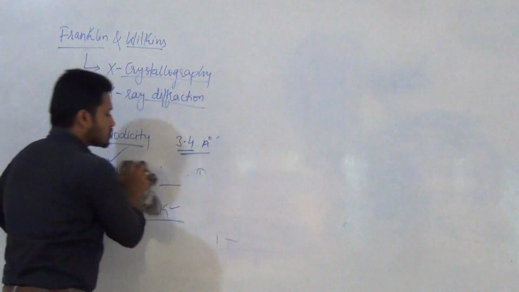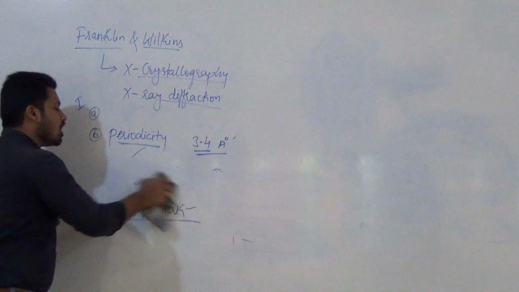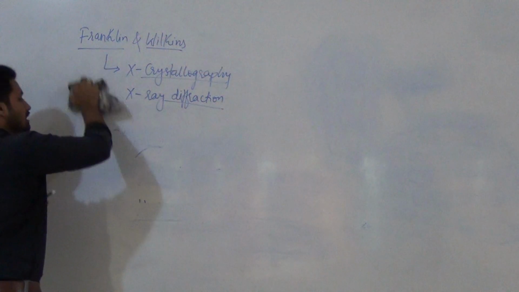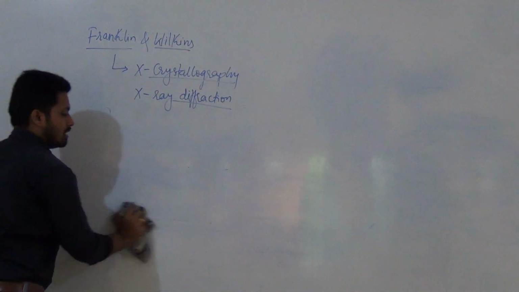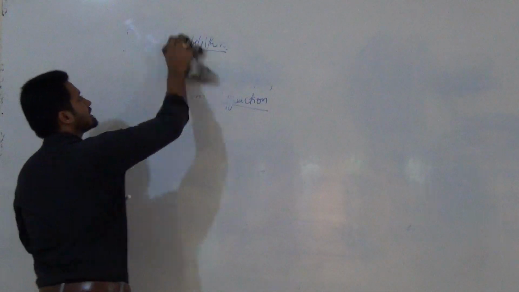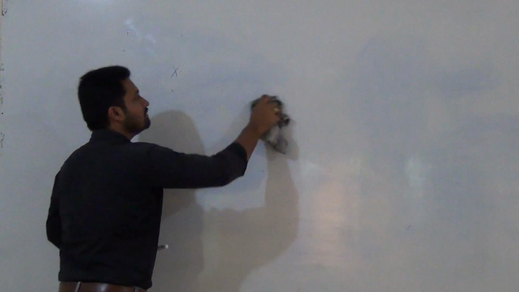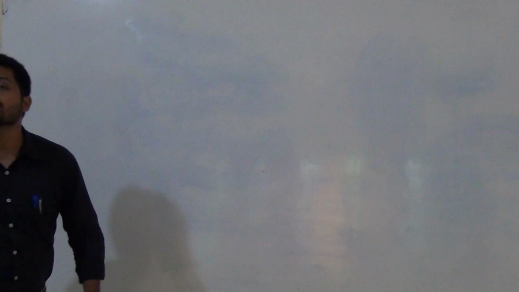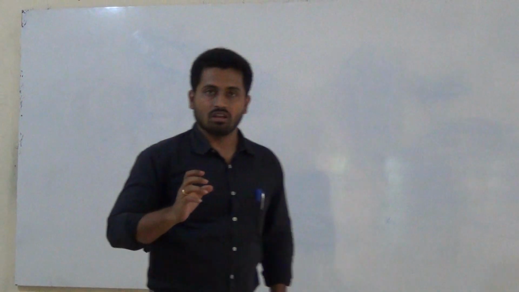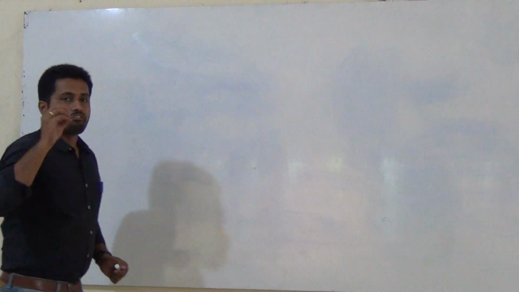So the question is how such a long DNA is going to fit into a small nucleus. The cell itself has a small dimension, and in the cell again the nucleus has a very small dimension. So how is it going to fit in that?